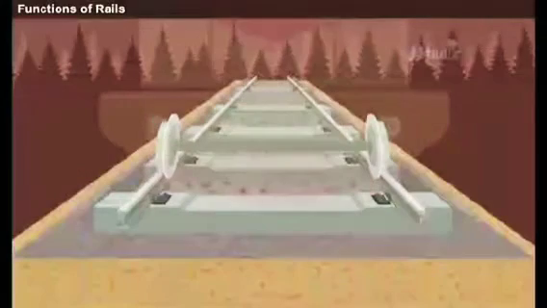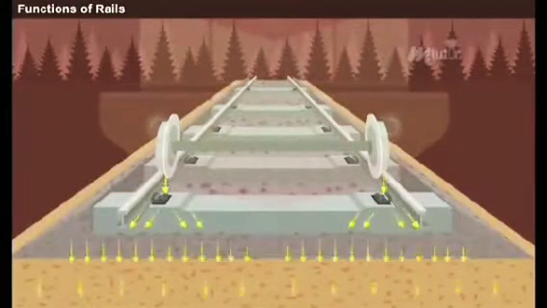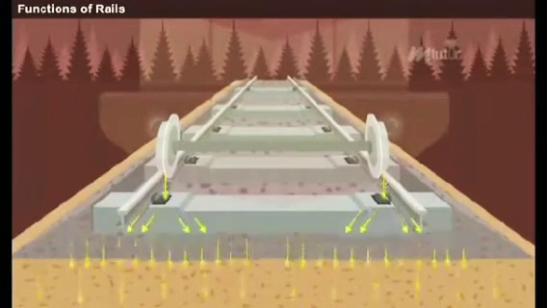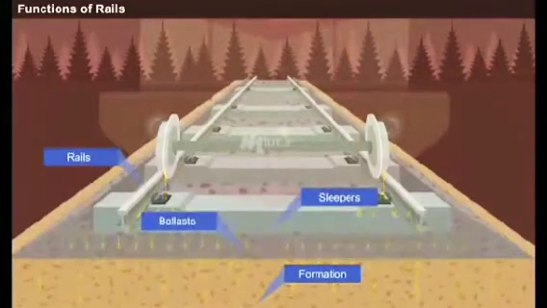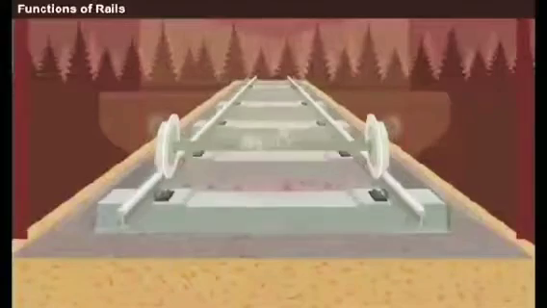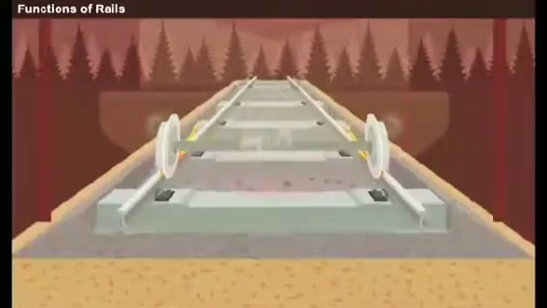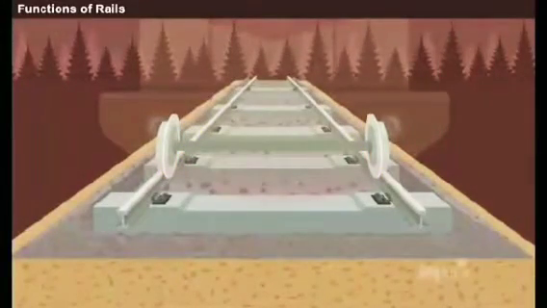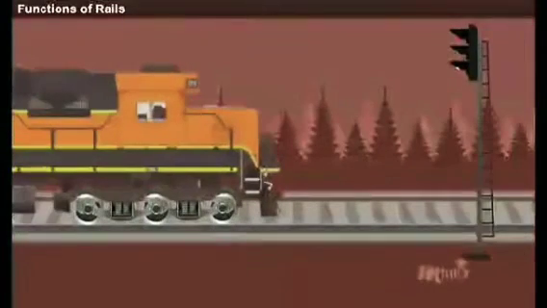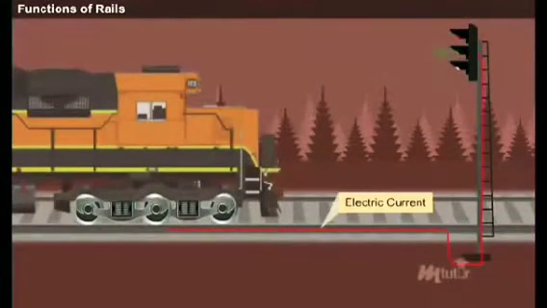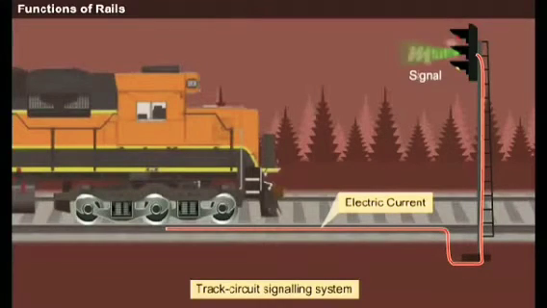Rails receive the loads from the train wheels and transmit them safely to a larger area of formation through the sleepers and ballasts. In addition, they bear the stress transmitted through the axles and wheels and also bear the braking and thermal forces. Rails are used to conduct electric current to a track circuit signaling system for detecting the presence of a train on the given section of the track.